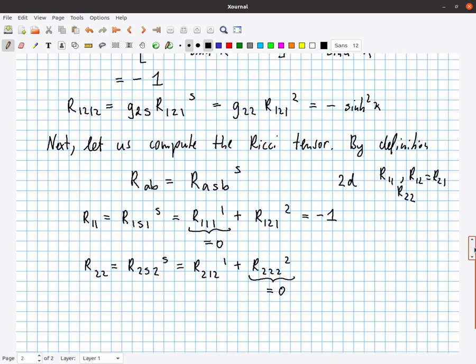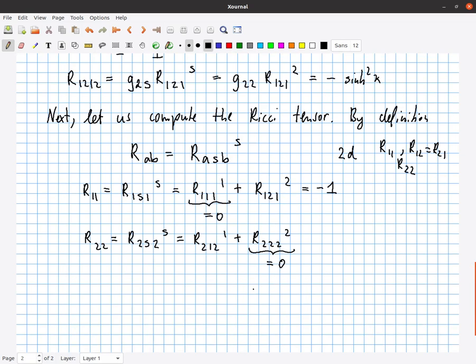How can we answer this? Well, it is best to look at this. So we have R1212 is the same as minus R2112, which is the same as plus R2121.